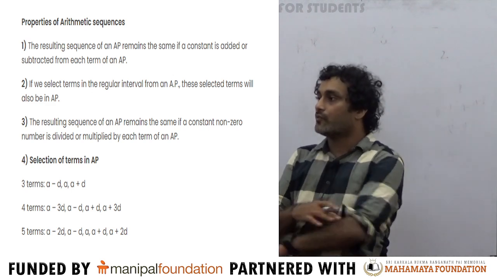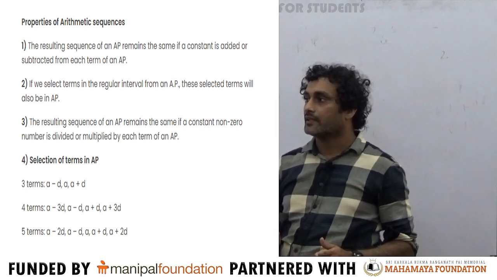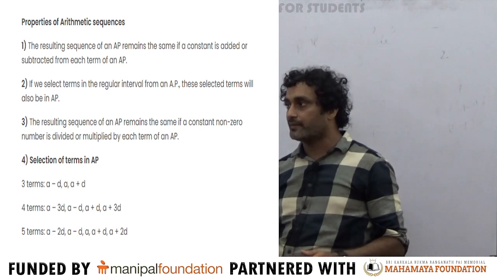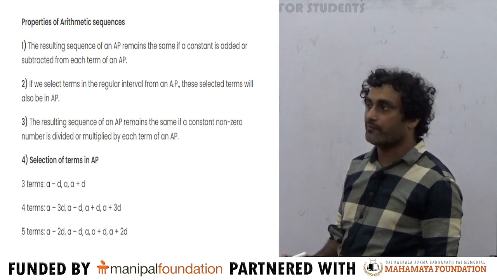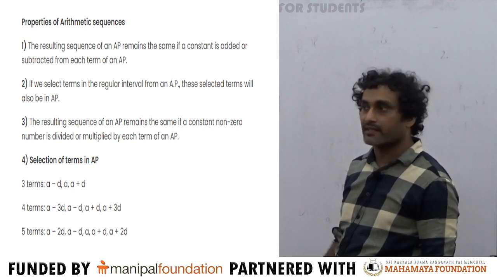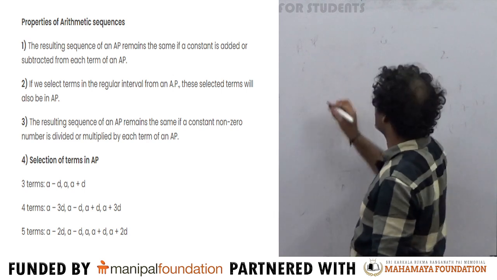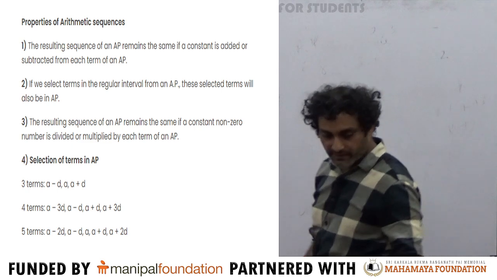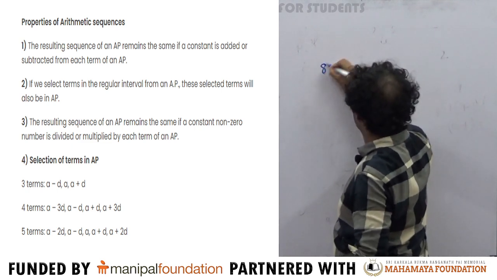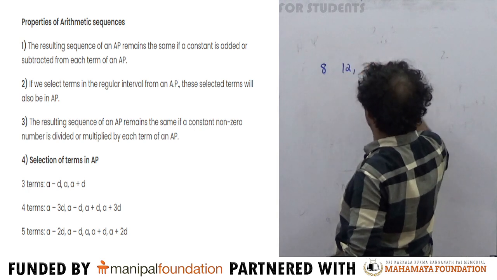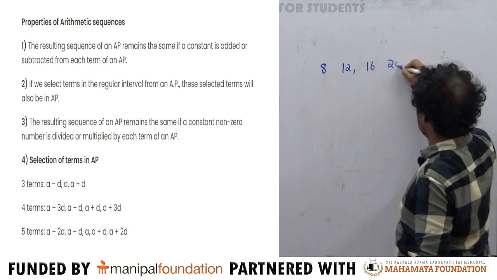So what happens is the resulting sequence of an AP remains the same if a constant is added or subtracted from each term of an AP. Means your difference won't change actually. Suppose you have 8 and 12 and 16 and 20.